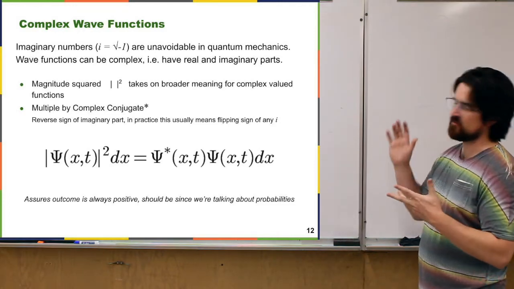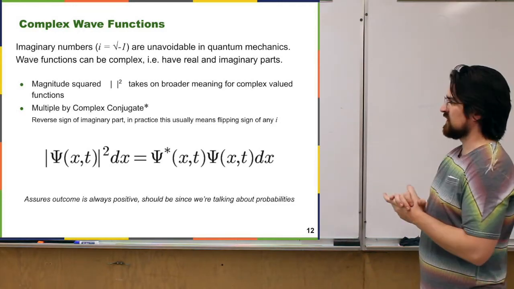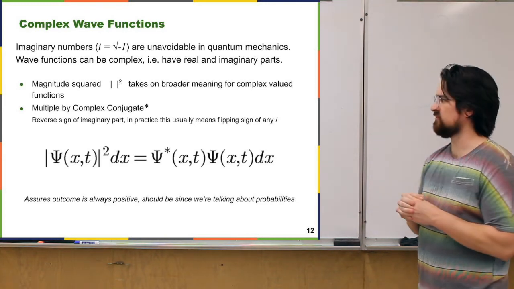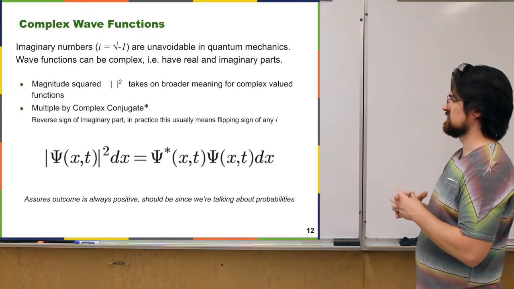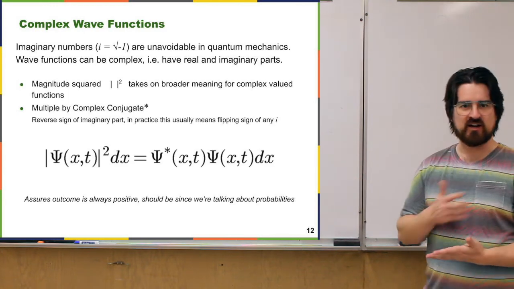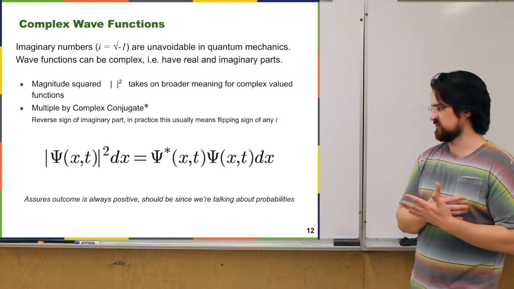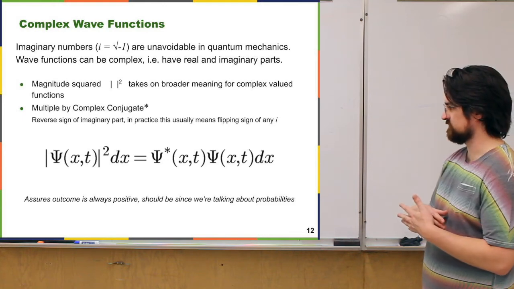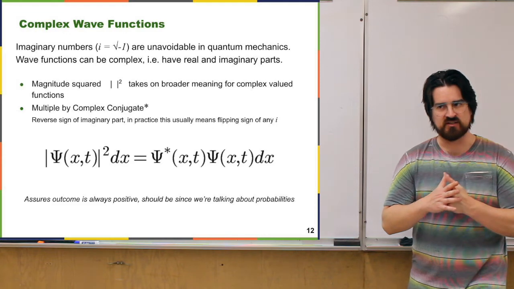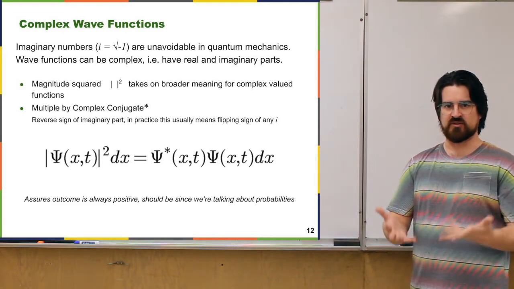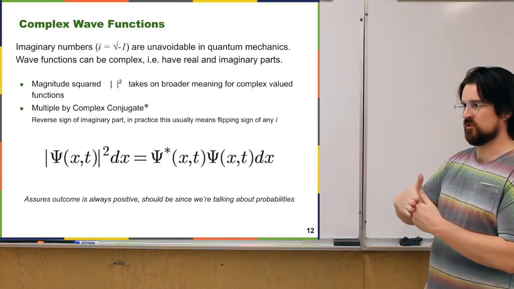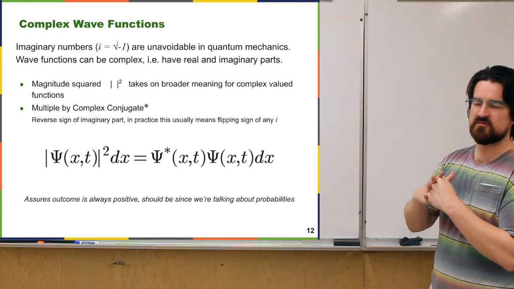To actually find the complex conjugate, technically you are reversing the sign of the imaginary part of the function. In practice, that generally just means flipping the sign of i wherever it appears in the function. And by doing this, if you've ever multiplied something by its complex conjugate, you know that you always get a positive real thing. This assures us that even though we might be dealing with complex functions, we're always going to get real positive probabilities.